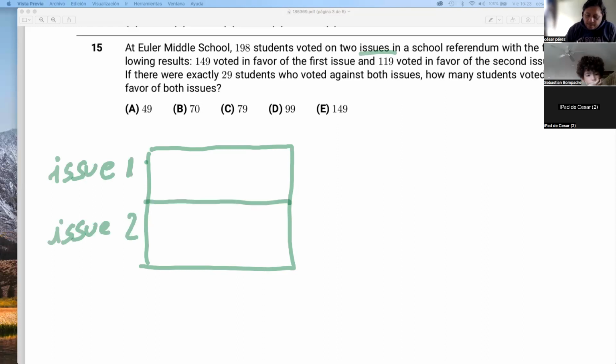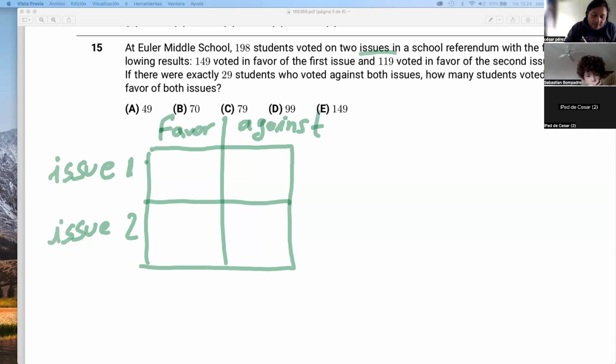Okay. Now, here it says, well, Peneuler Middle School, 180 students voted on the issues. Okay. Now we are going to have favor and against.